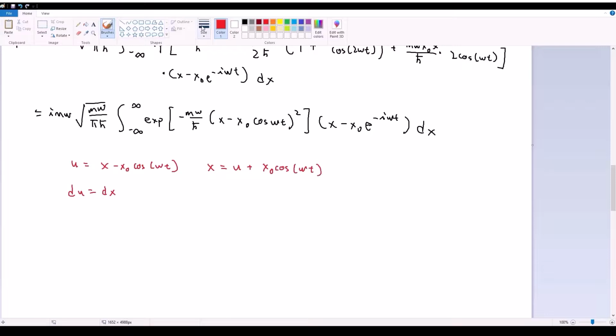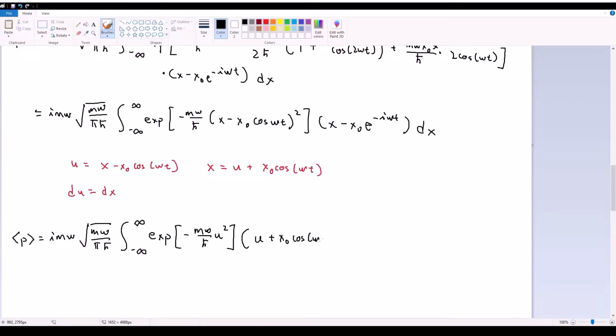At this point, the expectation value of p is then going to equal i m omega times the square root of m omega over pi h bar, multiplied by the integral from negative infinity to positive infinity of the exponential of negative m omega over h bar multiplied by u squared, and then this time multiplied by u plus x naught cosine omega t minus x naught e to the negative i omega t, closing off with a du.